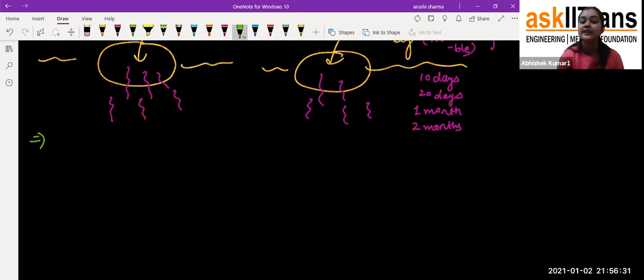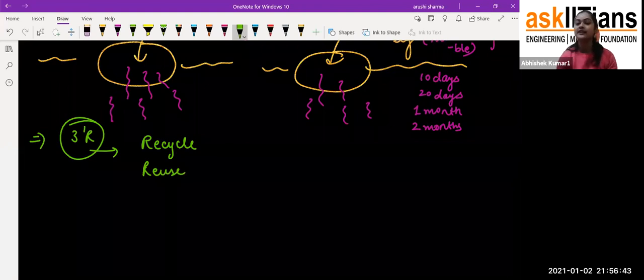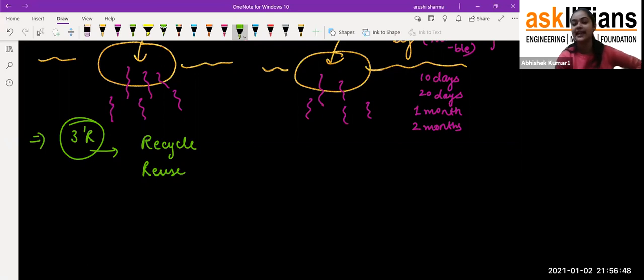We can use the 3 R's resolution: we can recycle it, we can reuse it, and we can refuse. So these are the 3 R's for it.